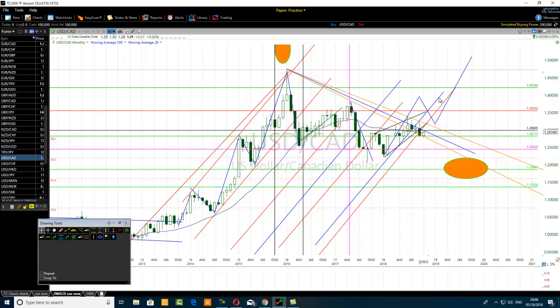Which means what I was saying to you about the Federal Reserve policy. Which means the US dollar may be strengthening against the Canadian dollar, propelling the price to go up a bit more to this resistance here. And then you will pull back like this.